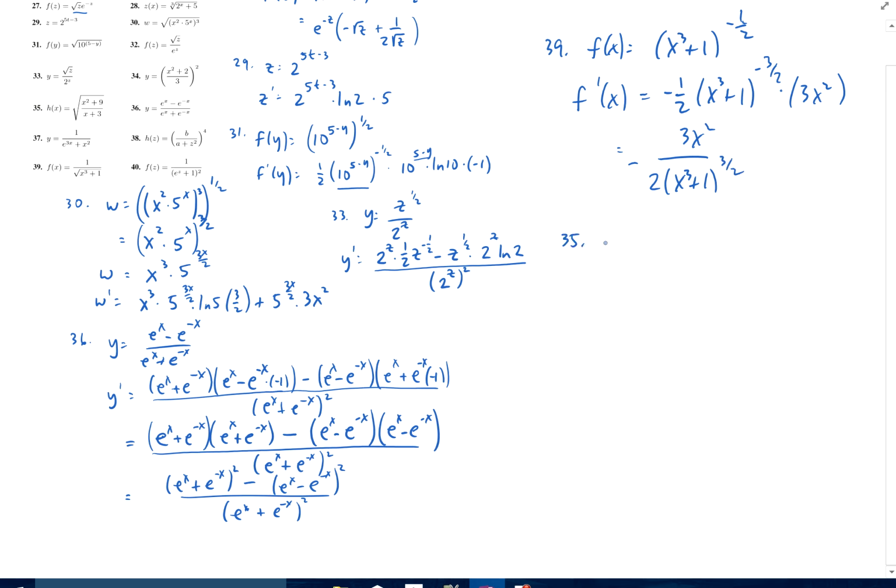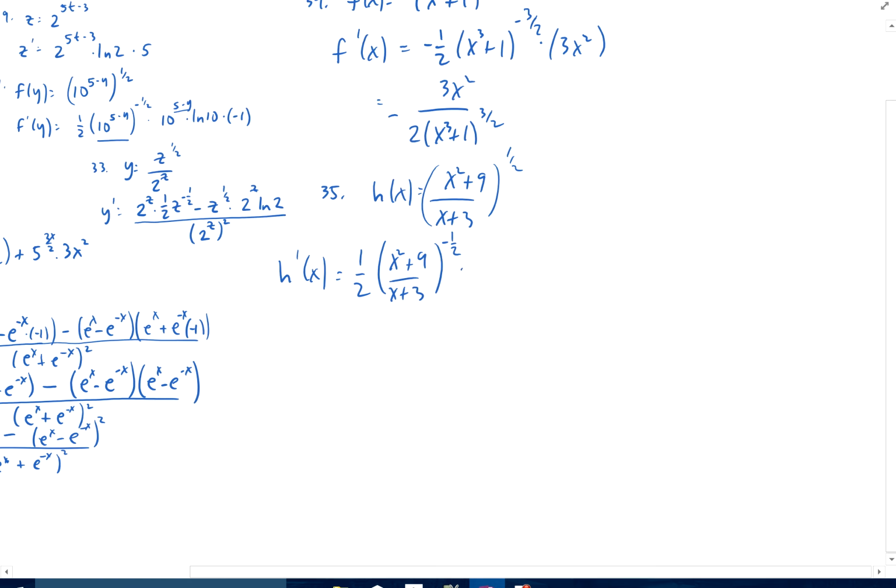And 35, h of x is x squared plus 9 over x plus 3 to the 1/2 power. So h prime of x, the outer function is a 1/2 power. X squared plus 9 over x plus 3 to the negative 1/2.